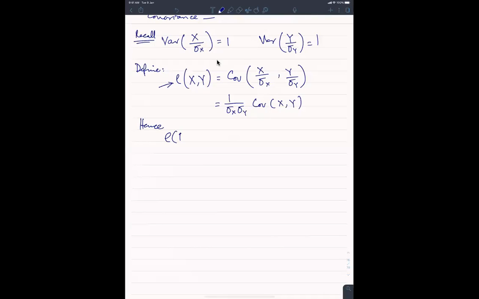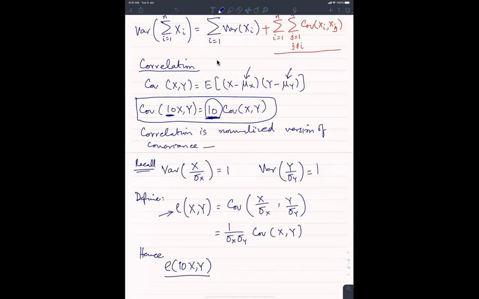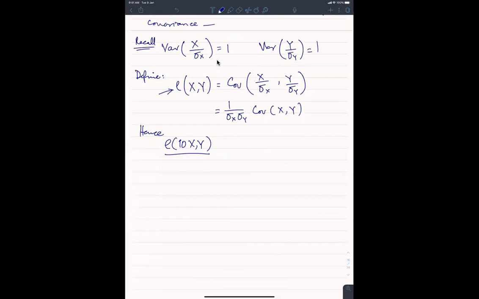Hence, what will be the correlation between 10x and y? As we saw above, covariance between 10x and y was equal to 10 times the covariance between x and y. But the correlation between 10x and y would be equal to the covariance between 10x over the standard deviation of 10x, and y over sigma y. The standard deviation of 10x is the square root of the variance of 10x.